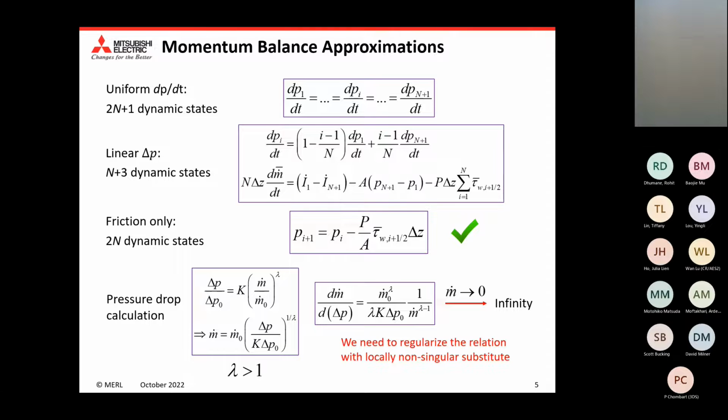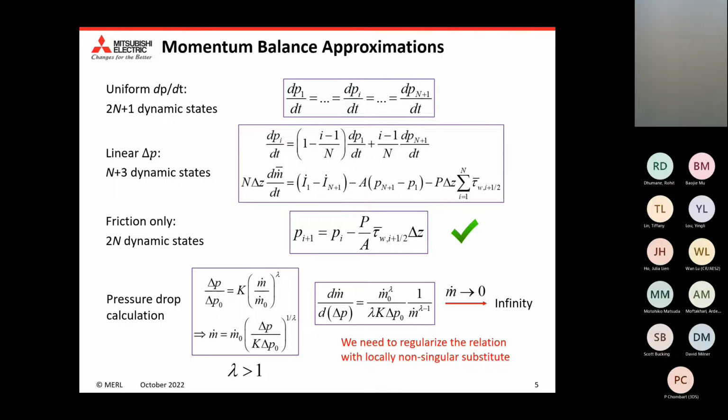But we found these two reduction techniques are not very helpful in terms of, first of all, maintaining mass conservation, and also improving the simulation speed. So finally, we said, okay, we can do further reduction. We just consider the frictional pressure loss and drop all the other terms. And we found that this form has the best performance in terms of speed and also generates reasonable accuracy for the simulation results.